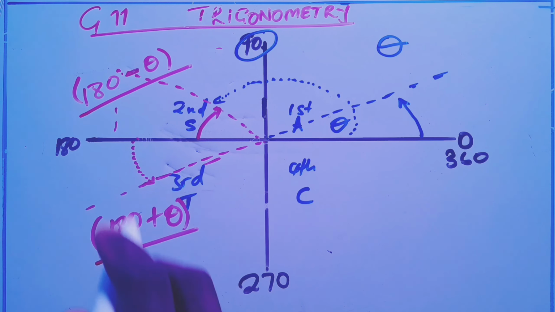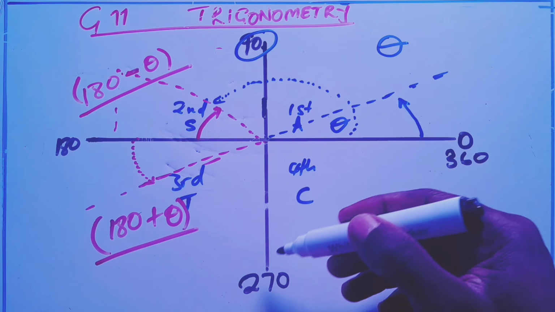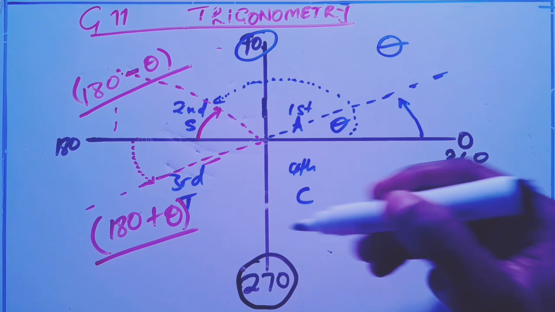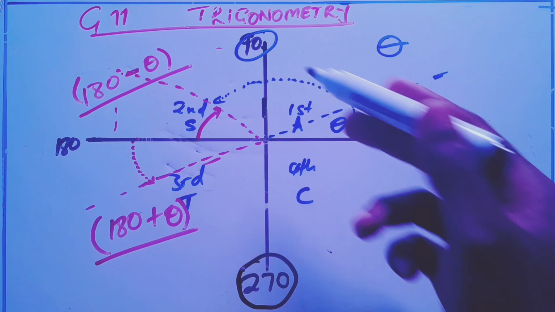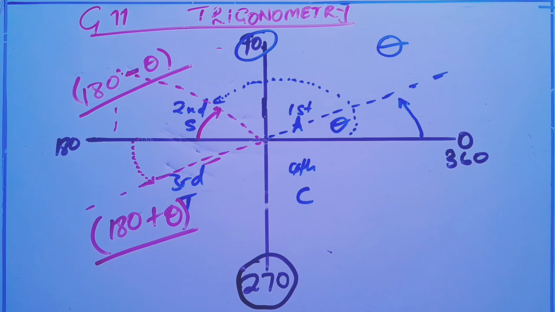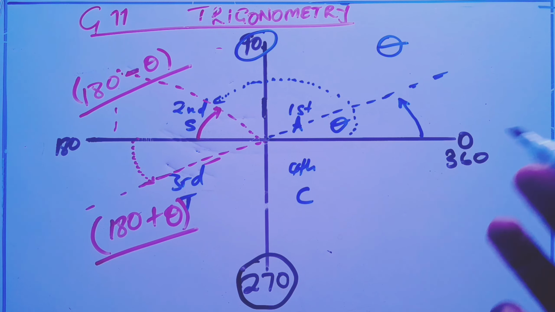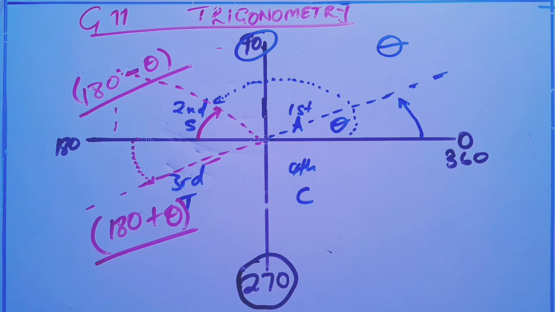So these reduction formulas, we're going to use them a lot, but don't worry, I'll show you how to use them. And then when we get to the fourth quadrant, again, let's avoid using this 270, because 270 and 90 have the same effect. They change, right? So for now, let's just use the ones that I gave you.